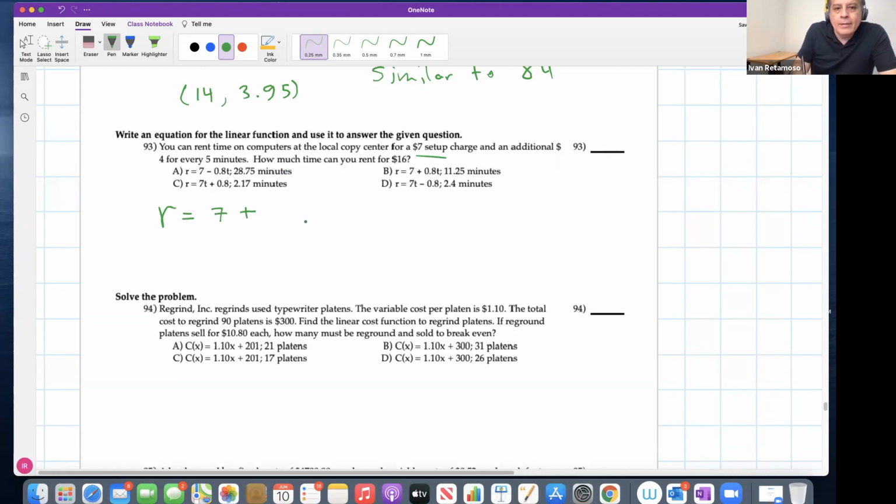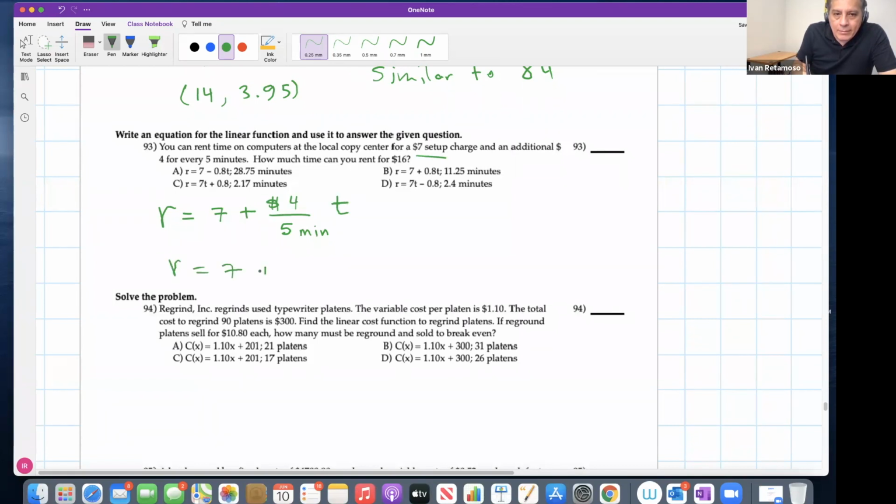Fixed rental. Plus, there is a variable rental that is $4 for every 5 minutes. This is the slope, right? And that must be multiplied by T, the number of minutes, right? That's how you compute the amount of money you pay for the rent, right?